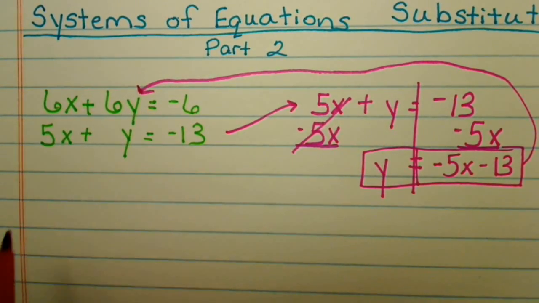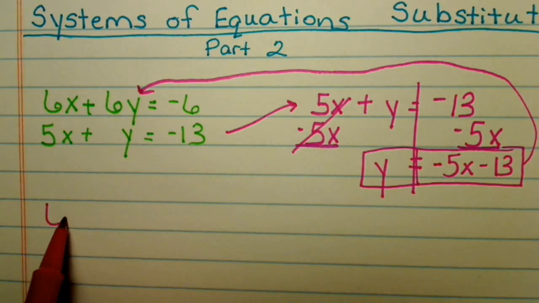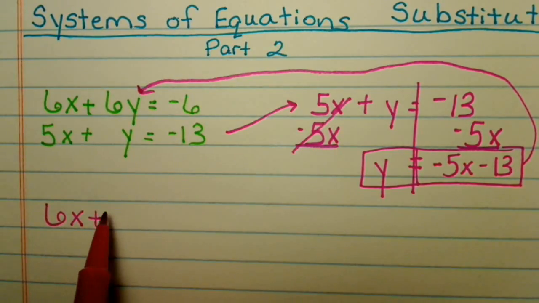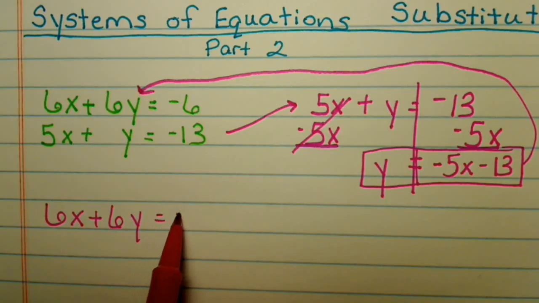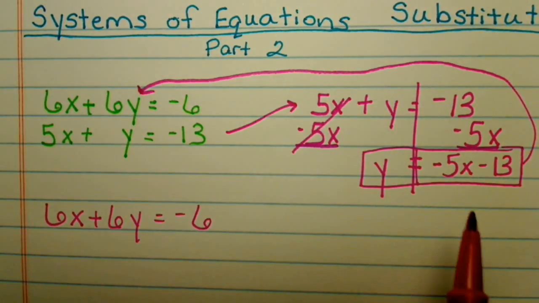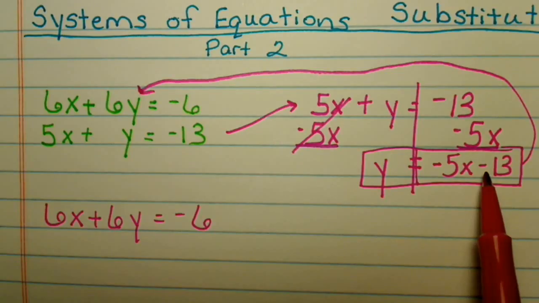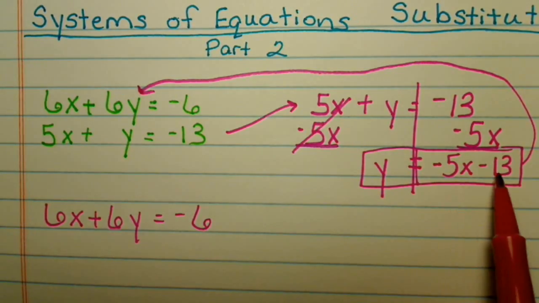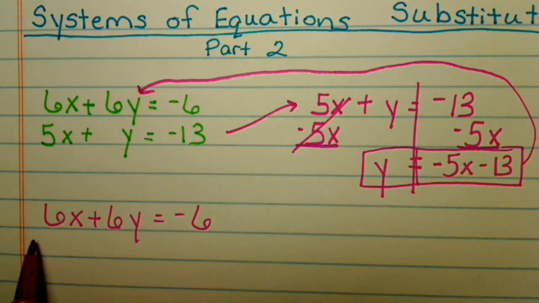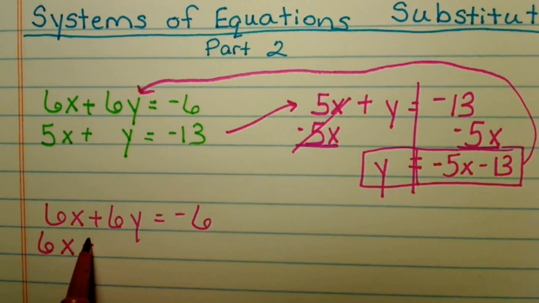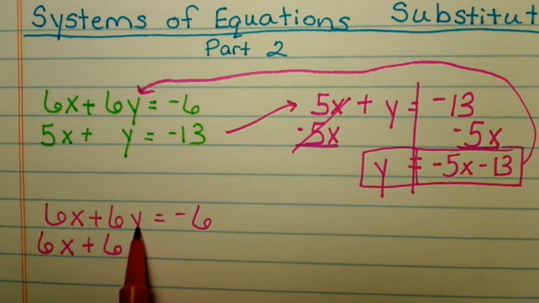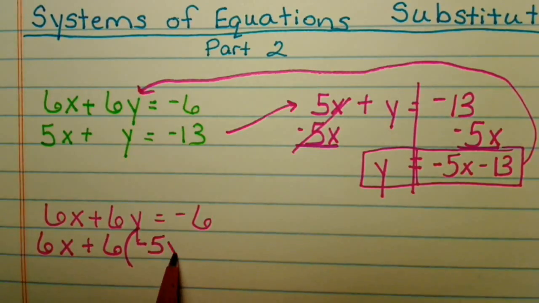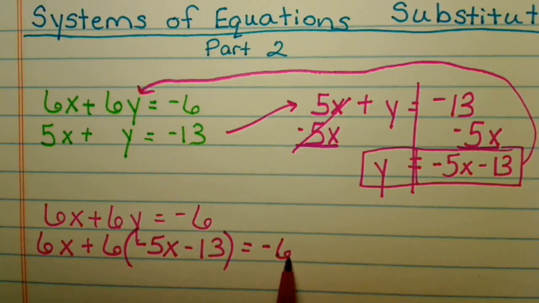I'm going to take that equation, which is 6x plus 6y equals -6. And I'm going to substitute what y is equal to. It's like in a basketball game. You take y out and you substitute in someone else. So here we go. I'm going to take y out of the game and substitute in -5x minus 13. And everything else I just rewrite.